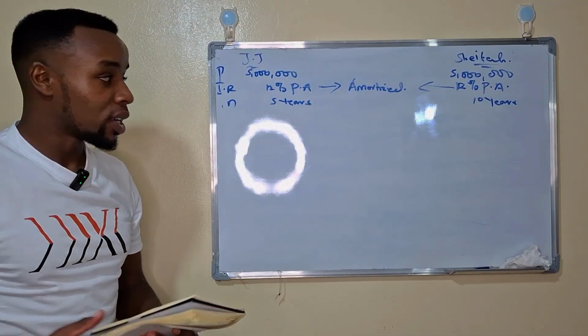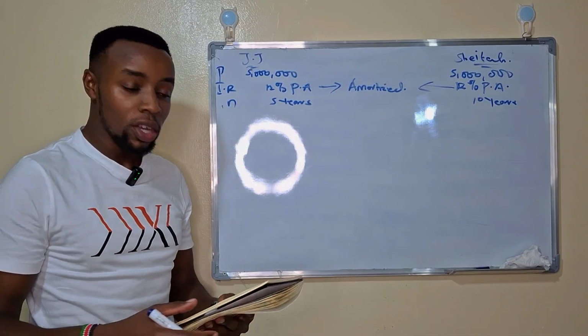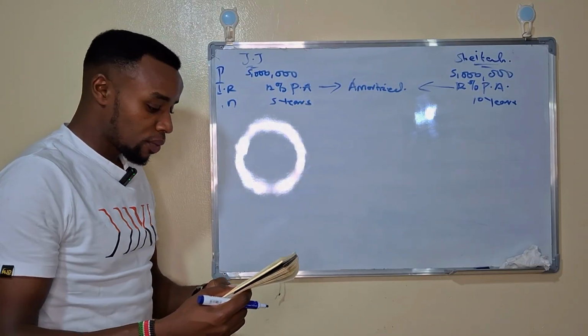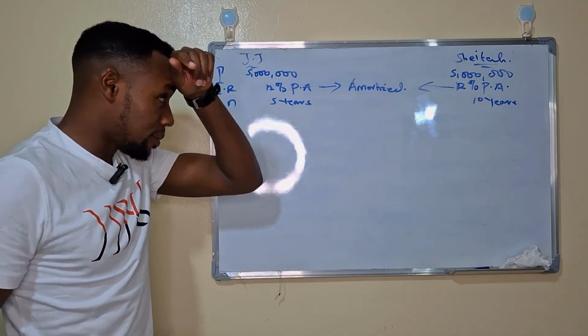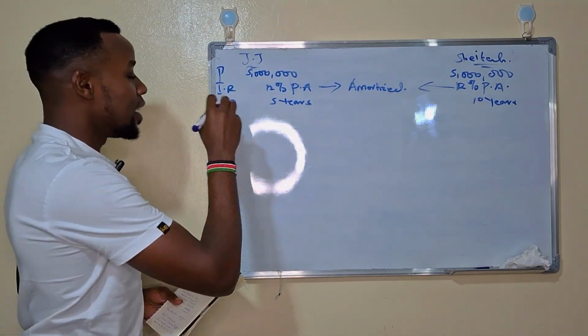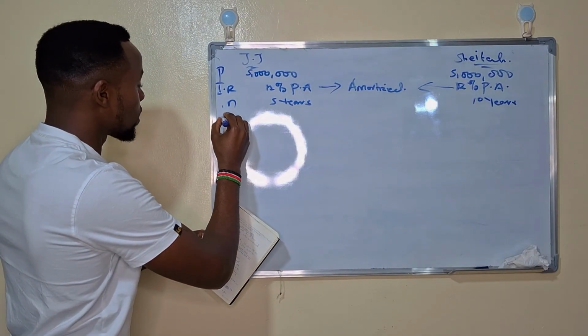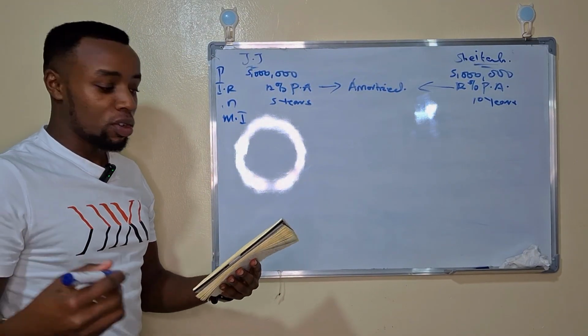Because I have already done this calculation in my book, since it's a long calculation, I'm just going to write the figures and then we compare them. If this is done at the same time, every month, I'll write MI here, MI means monthly installment.